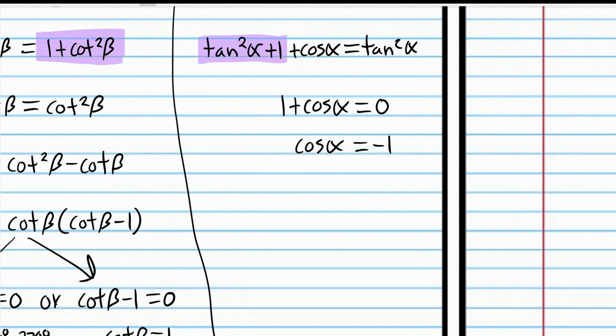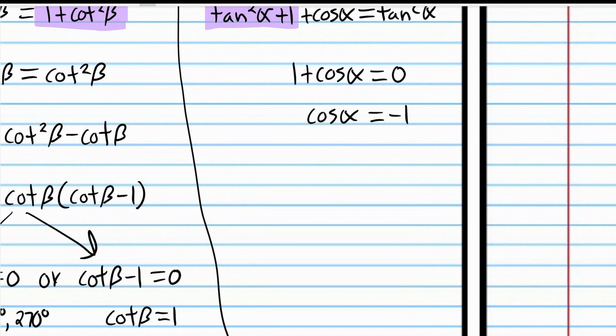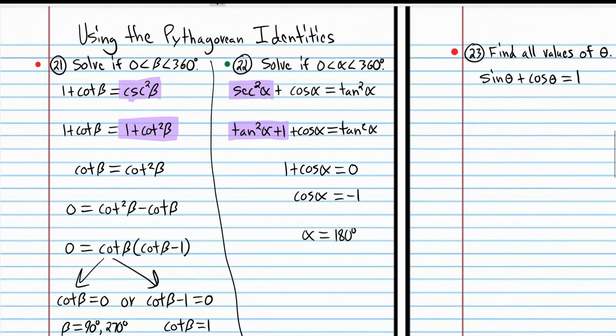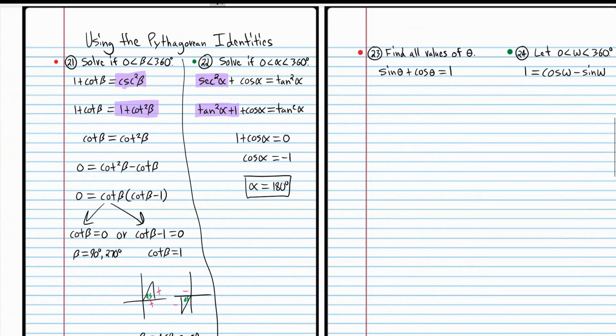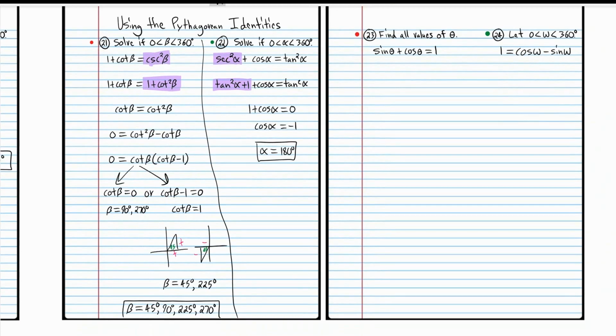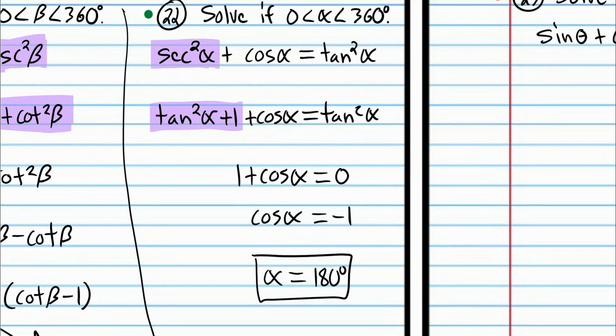And this is a collapsed triangle situation, so if you look at your cosine curve, you see that we get -1 when alpha is equal to 180 degrees. And we just want the solutions between 0 and 360, so that's the only solution. So again, you have to consult with the directions here. So that was a lot easier to solve that particular problem. So if you got that one right, good job.